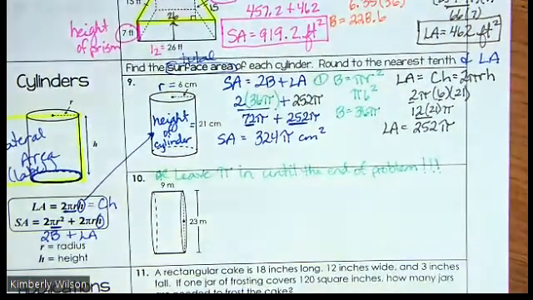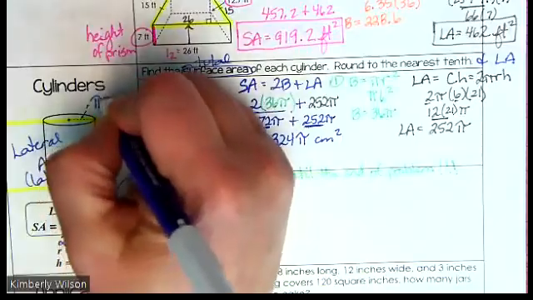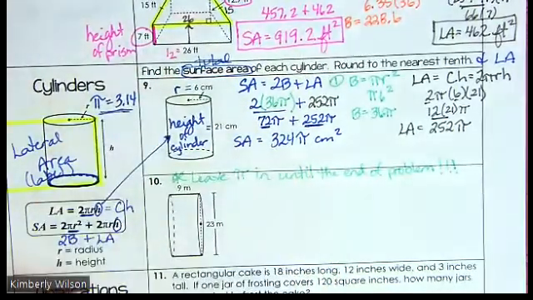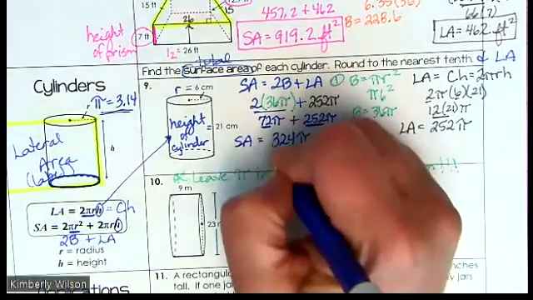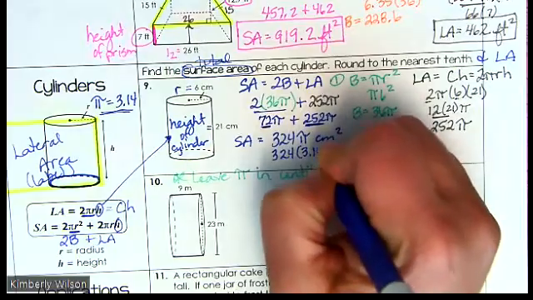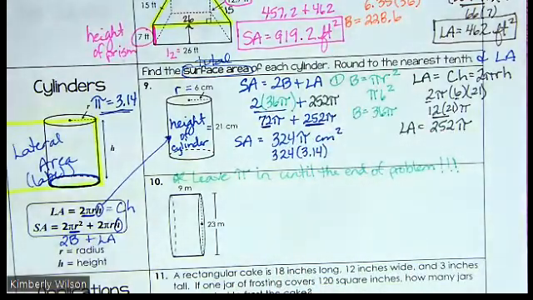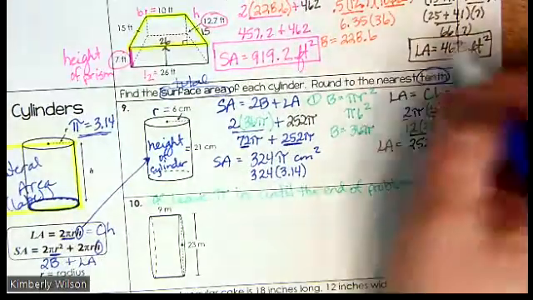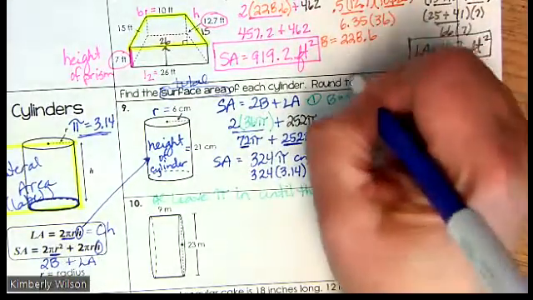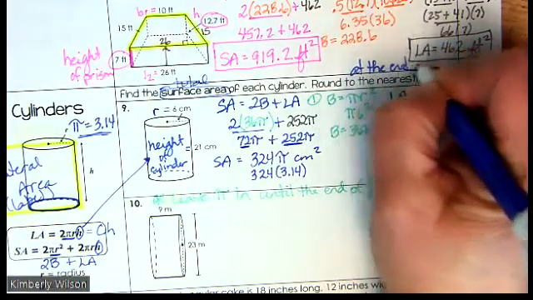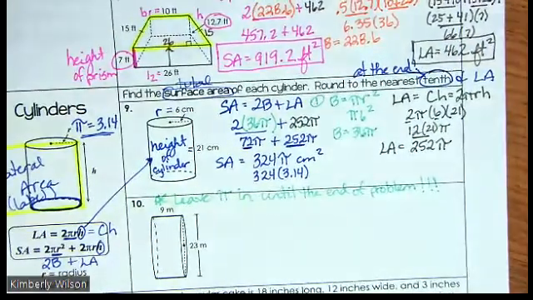For us, we're going to plug in pi as 3.14, like we normally do. So now I'm going to have 324 times 3.14. We don't round until the end. It says round to the nearest tenth, and that's at the end. The last thing you do is round. You do not round in the middle.